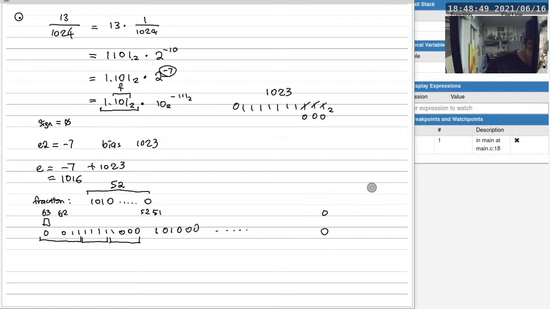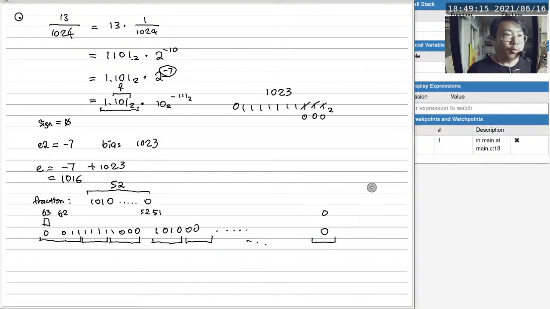When I copy the value, I copy incorrectly. So let me just double check. 0, and then we have 1, 2, 3, 4, 5, 6, 7 ones. 1, 2, 3, 4, 5, 6, 7 ones, and then 3 zeros. That looks right. Okay, so I did write an extra 0 there. So 1, 0, 1, 0, and then the rest are all zeros. So that's an easy part.